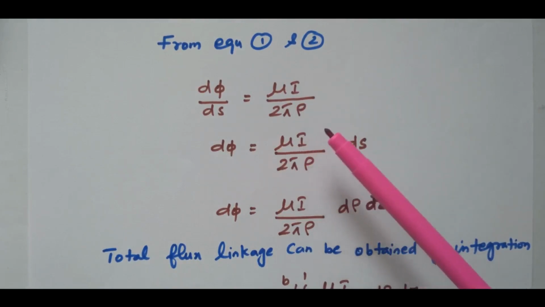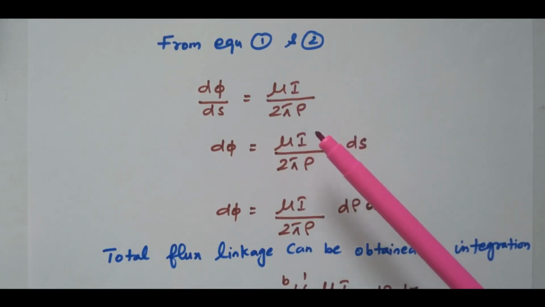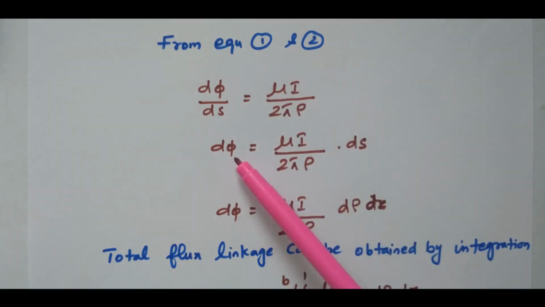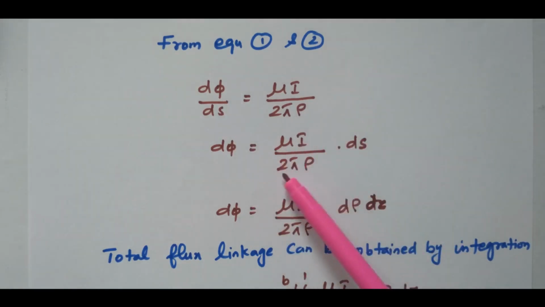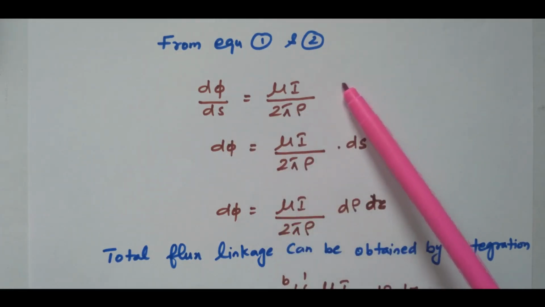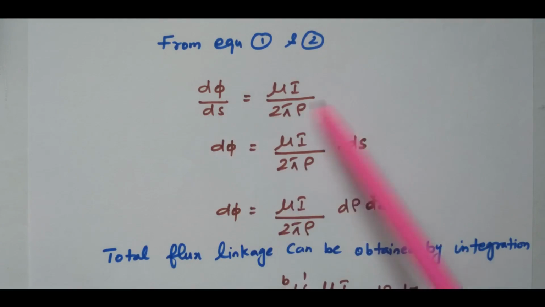From that, d phi equals mu I divided by 2 pi rho, with this ds brought to the right hand side. The ds is available now here. So, d phi equals mu I divided by 2 pi rho into ds.